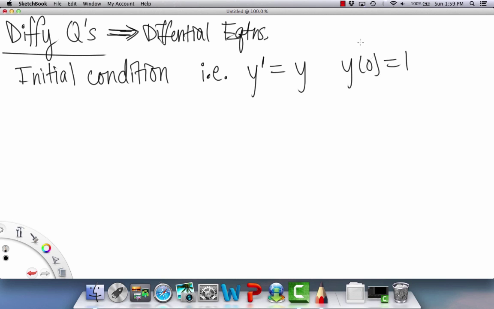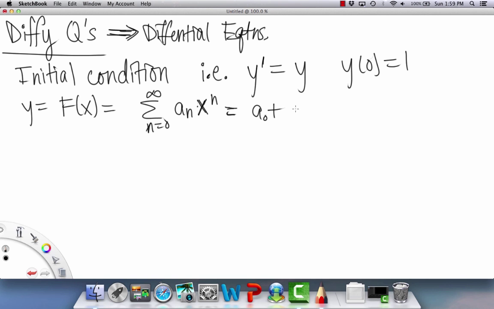So y is the normal power series that looks like the sum of a sub n times x to the n. We'll make the center be 0, so x minus c is x minus 0, okay? And then this looks like a0 plus a1 x, x minus 0 to the n, which is 1, plus a2 x squared plus a3 x to the third, and etc.